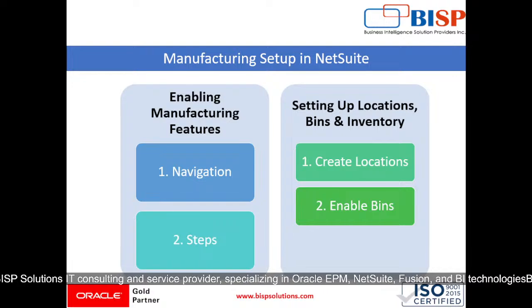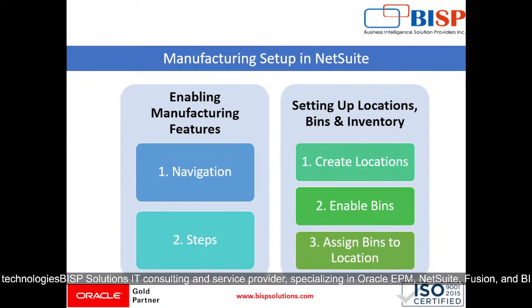Next comes enabling bins, where we go to Setup, under Setup Accounting, and under Accounting Preferences. So we have to go to the Items or Inventory sub tab, which is in the Enable Features options only, and then we have to enable Use Bins and save the options.